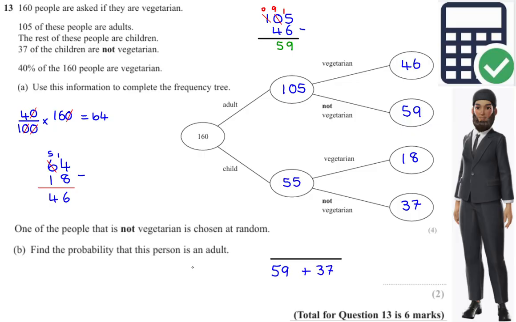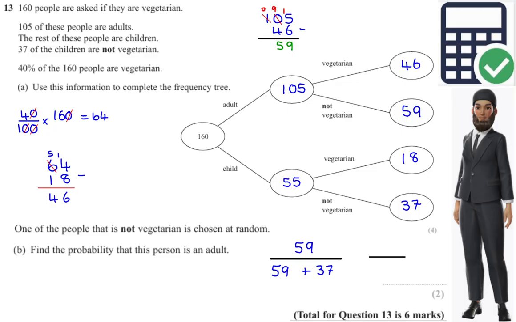And then find out the probability that this is an adult. So the adult ones which are not vegetarian are 59. So therefore you end up getting something like this. Let's see if we can tidy all of that up. So therefore you should end up getting 59. Let's write that down. Finally you get 59 over here.